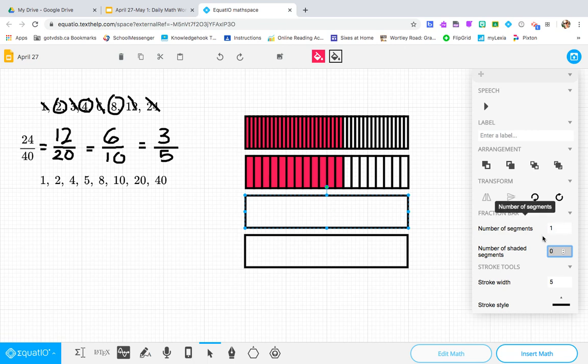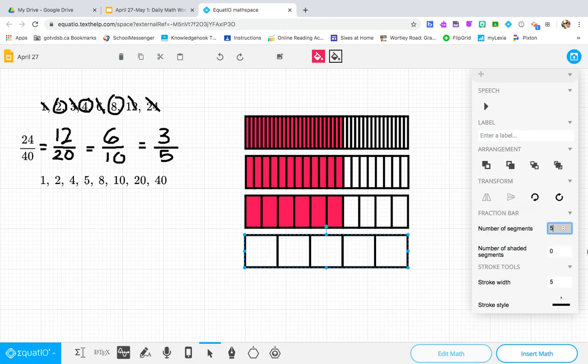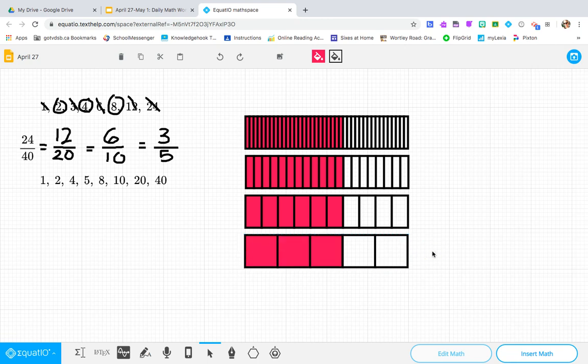We're going to show 6/10 quickly as well. So 10 segments, 6 of those segments are shaded. And last but not least, we are going to show 5 segments and 3 of those segments shaded, or 3/5 shaded.